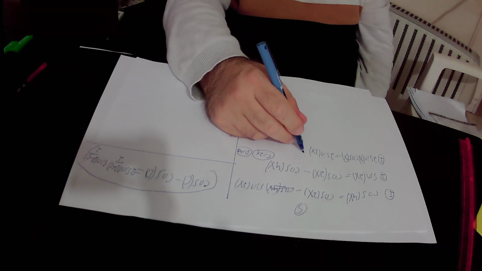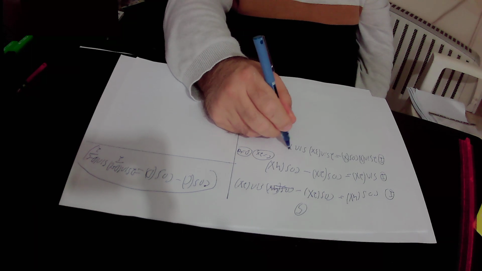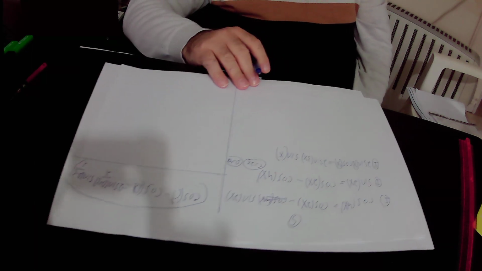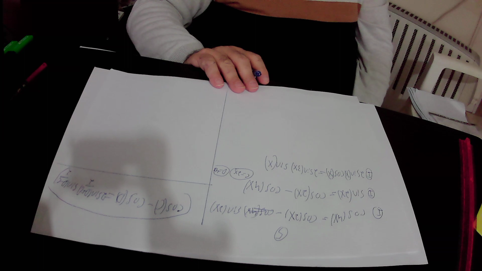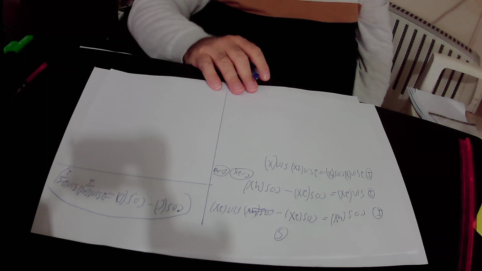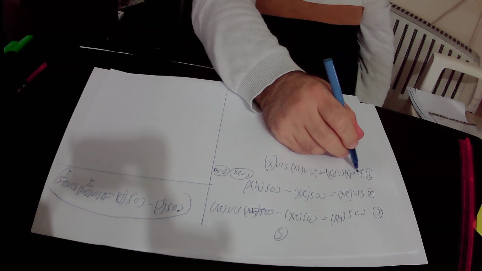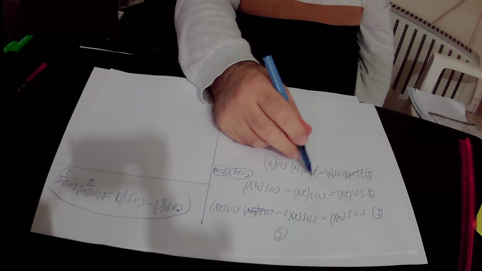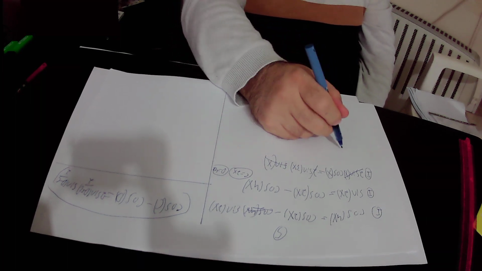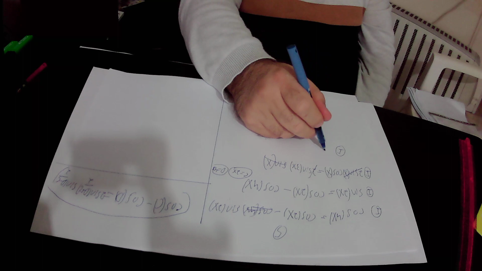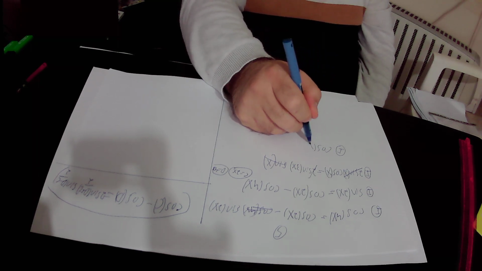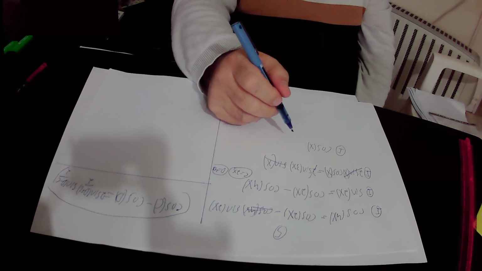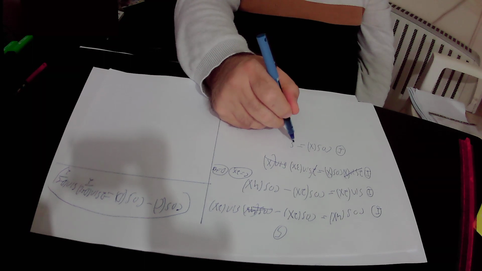So it is sine x. So here we will divide equation number 1 by 2 sine x. So here 2 sine x will get cancelled, and here also 2 sine x will get cancelled. And we got that cosine x equals sine 3x.